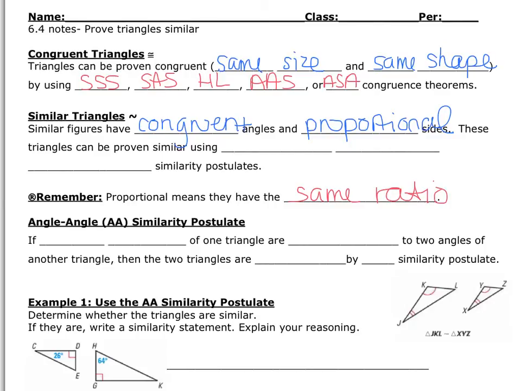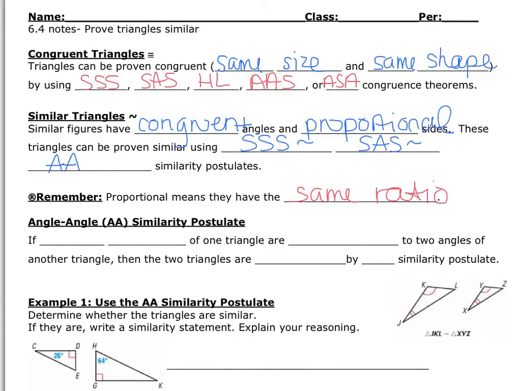Now, proving triangles similar. These triangles can be proven similar using the side-side-side similarity postulate, the side-angle-side similarity postulate, and the other one is the angle-angle similarity postulate. To prove triangles similar, you only have these 3.